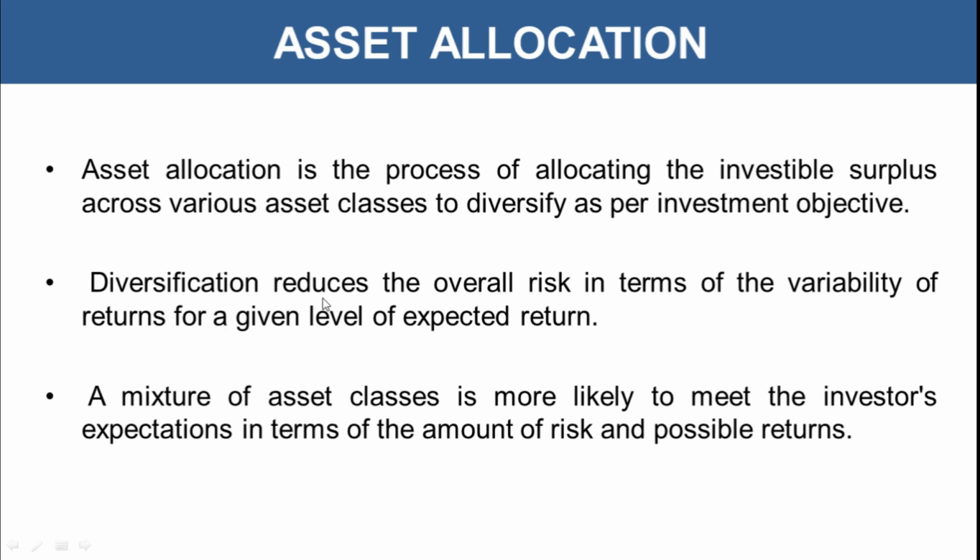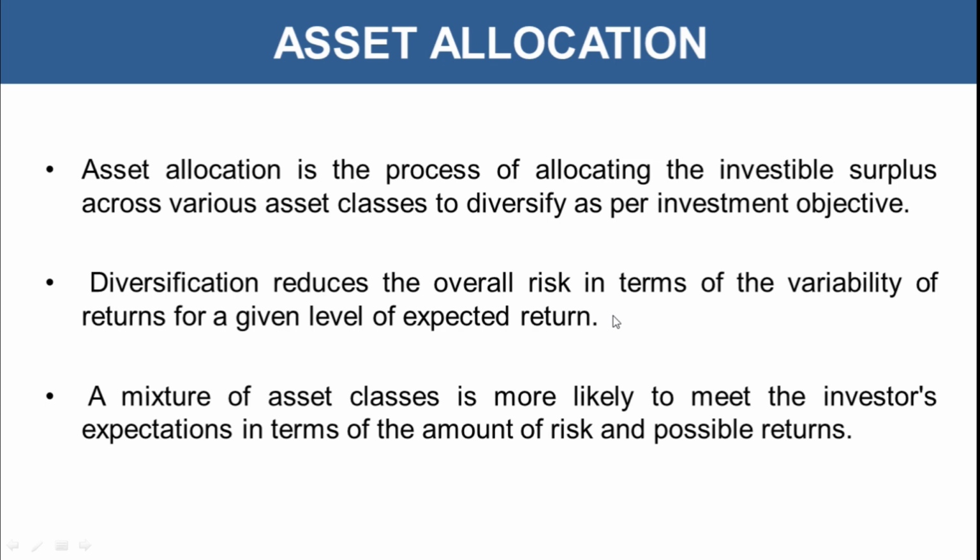And diversification, we know, is very important because it reduces the risk. If your portfolio has diversification across different asset classes, then even if equities are not performing well at a particular point of time, the gold and the debt instruments might be performing well, and you will be getting a certain return percentage as per your expectation.